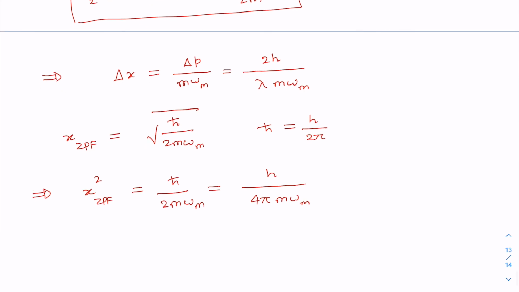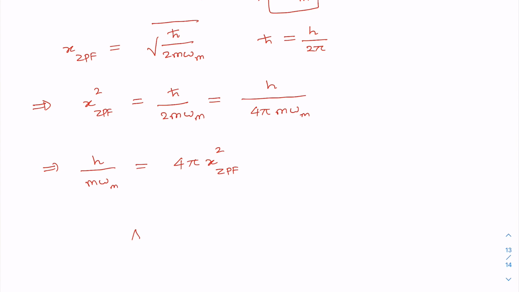Alright, and from here let me work out this particular expression. So I have h divided by m omega m, that would be equal to 4 pi x square zero point fluctuation.